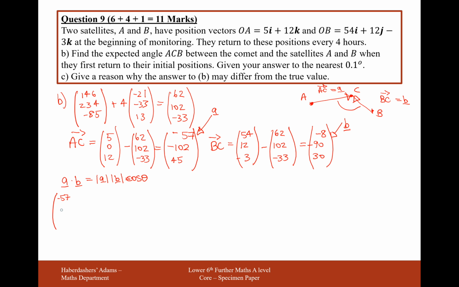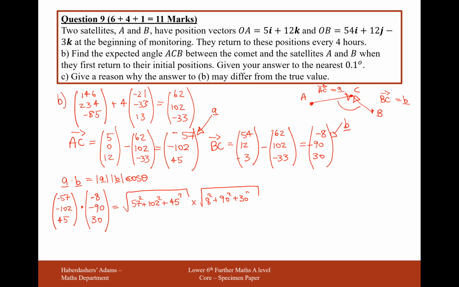Minus 57, minus 102, 45, dotted with minus 8, minus 90 and 30. And then it's going to equal the modulus of the A vector, which is the square root of 57 squared add 102 squared add 45 squared, times by the modulus of B, which is going to be the square root of 8 squared plus 90 squared plus 30 squared, times by cos theta.